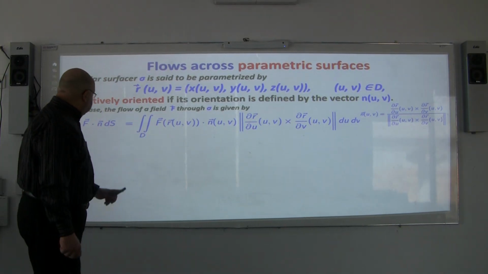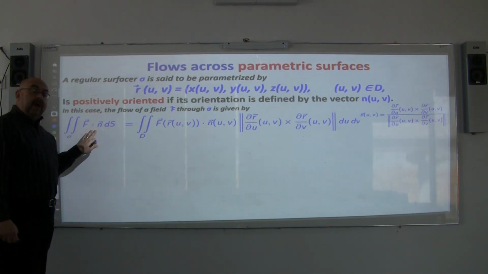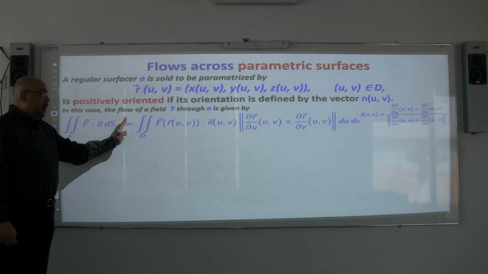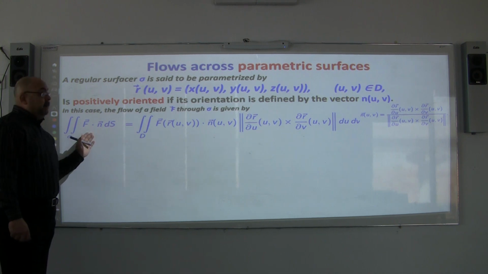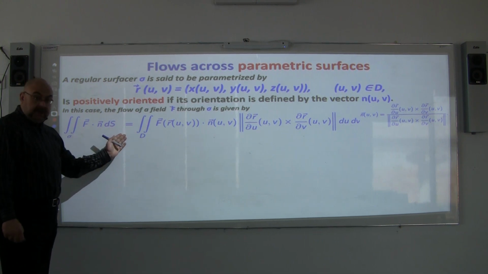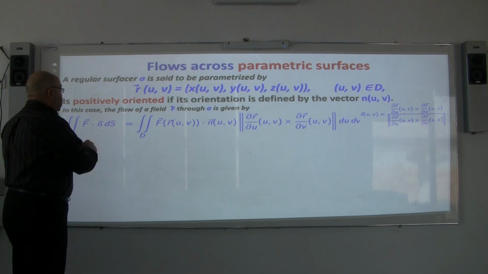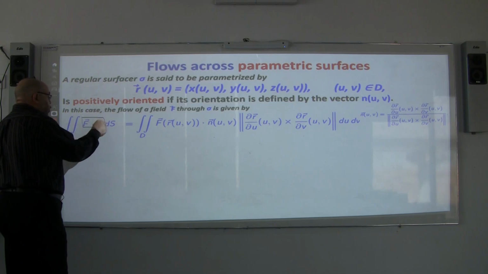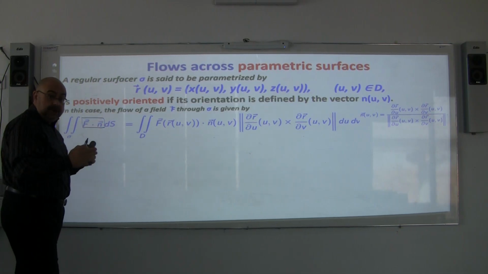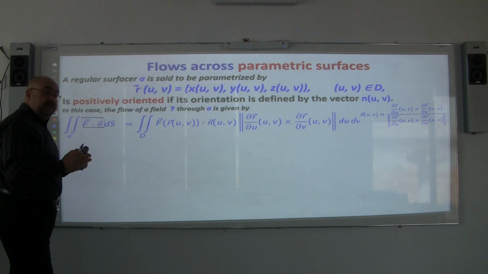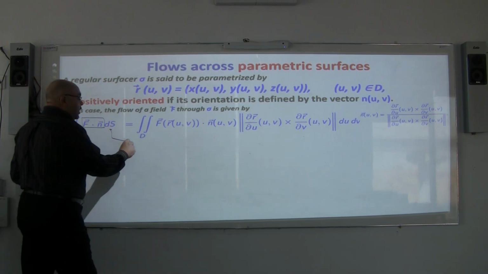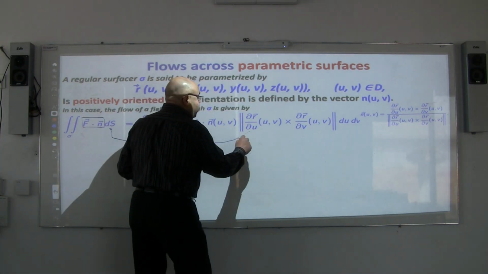So once more, this is how we determine the flow of a vector field through a surface up to here. And this can be parameterized by this relation. Remember, these two elements determine the flow, which assigns the flow of a vector field through a surface, and dS by itself is equal to these two.